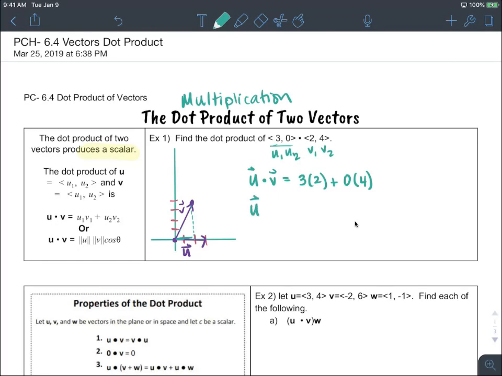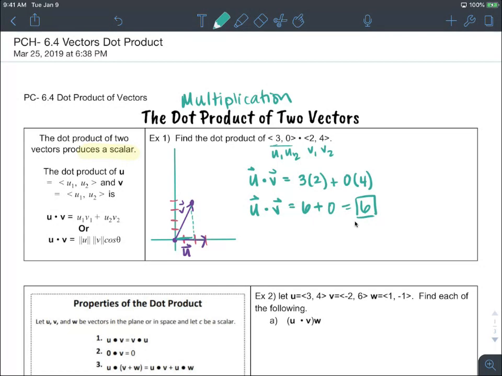So u dot v is equal to 6 plus, oh, just kidding, 6 plus 0, which is just 6. So the dot product of u and v is just a number, just 6.